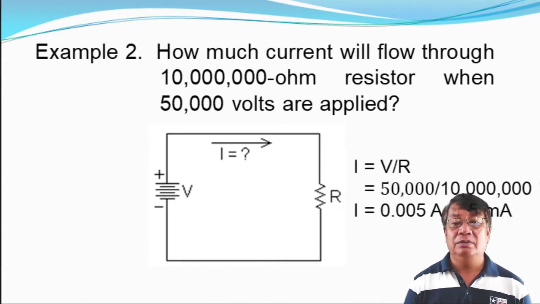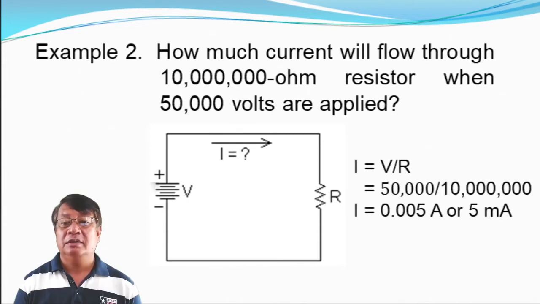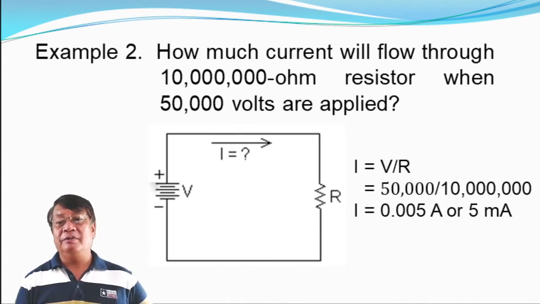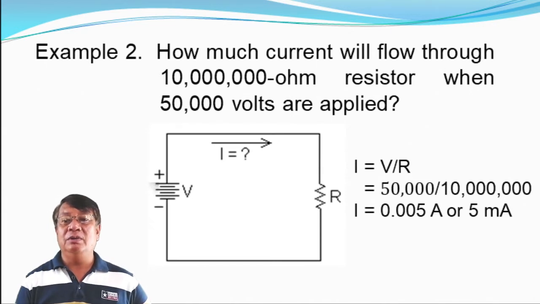According to Ohm's law, I is equal to V over R, the voltage divided by the resistance. Our given voltage is 50,000 and our given resistance is 10 million. So the current is equal to 0.005, or simply 5 milliamperes.